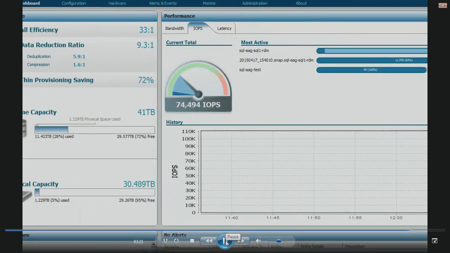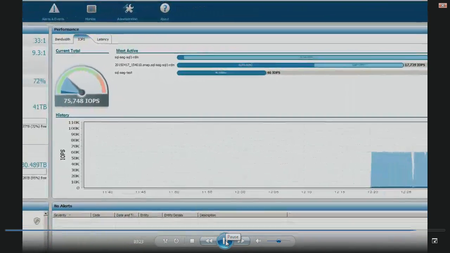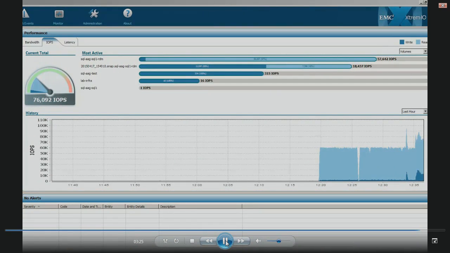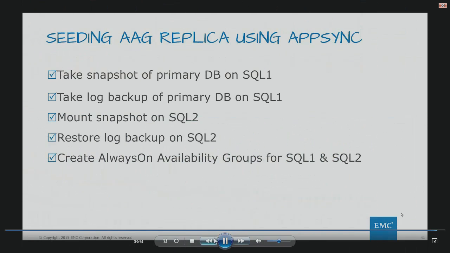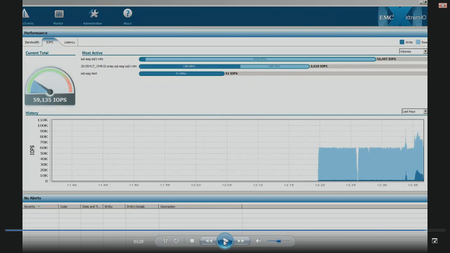If we look at it from a storage volume perspective, the first volume on top is my primary replica volume. The second volume is my secondary replica. Let me go back a little bit so you can look at it.